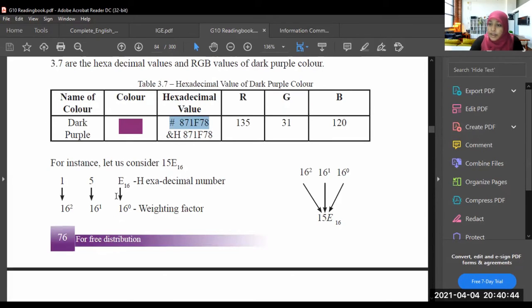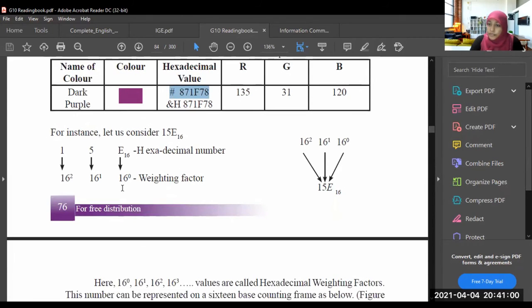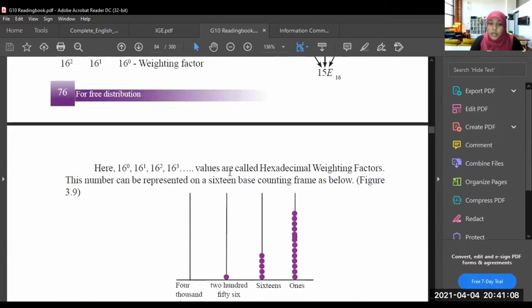So RGB means red, green and blue. Normally we use them in the color charts, okay? In the color charts we are using RGB. So the weighting of the hexadecimal number: 16 to the power 0, 16 to the power 1, 16 to the power 2.